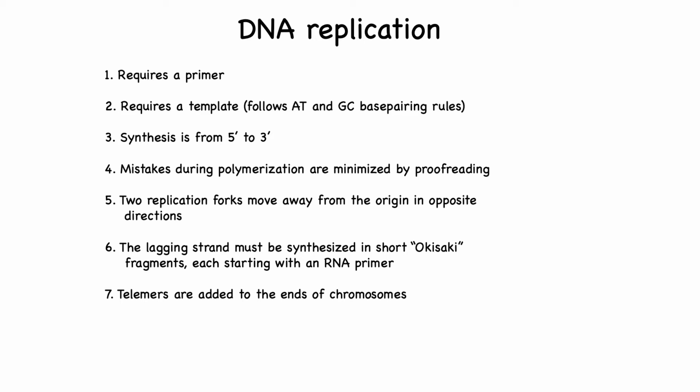After eukaryotic chromosomes are replicated, telomeres are added to the ends of the chromosomes, these repeated sequences, and then they are stabilized by looping back, and a large number of proteins are involved in holding those in place and stabilizing it.